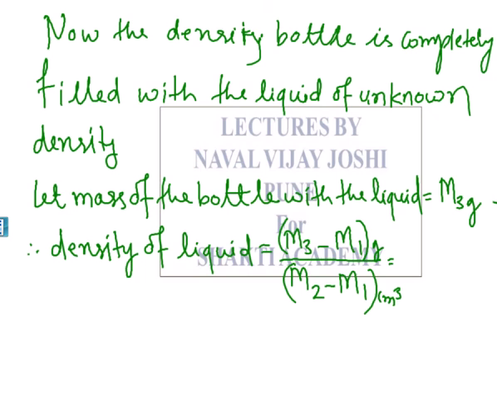I would write here, for your convenience, mass of liquid only upon volume of bottle, because it is a fixed volume. Any liquid you fill in it would take the same volume. In this manner we could find out the density of the liquid which was unknown to us. So in this way we can use the density bottle for finding the density of a liquid.